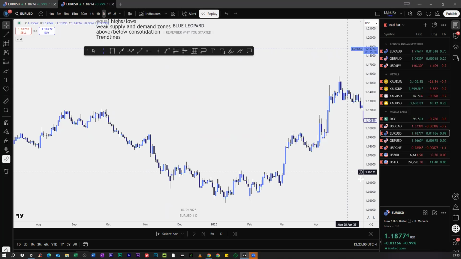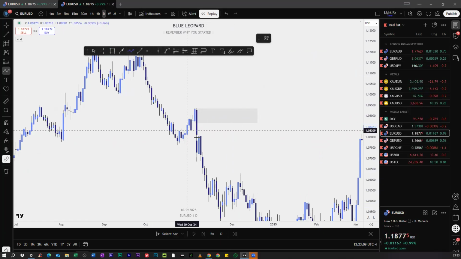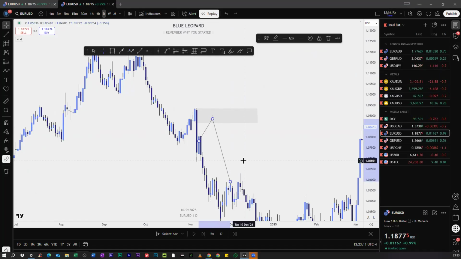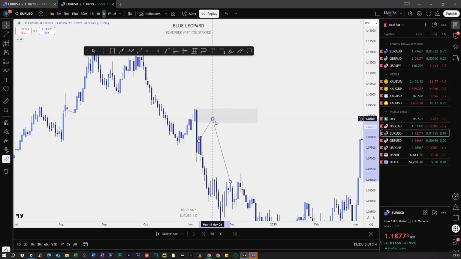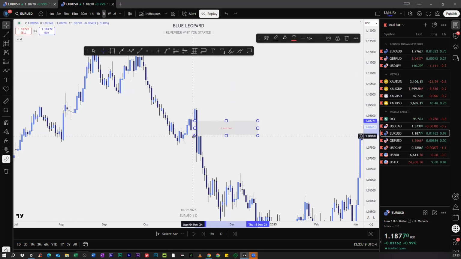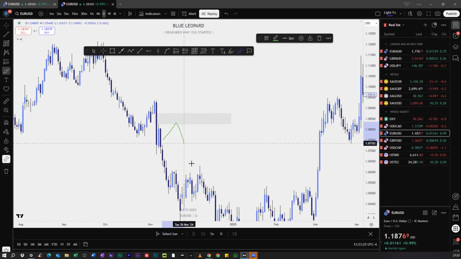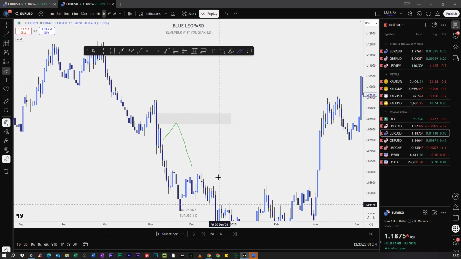For example, here, you have a very good supply zone. Everyone is thinking, when price comes here, I will just sell. Or someone else will say, I have a fair value gap here, so every time price reaches here, I hope price drops.